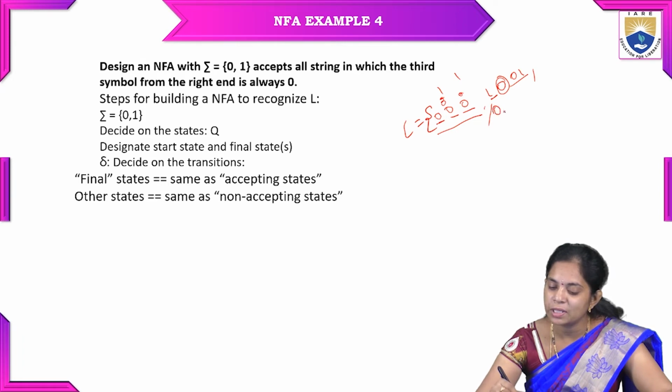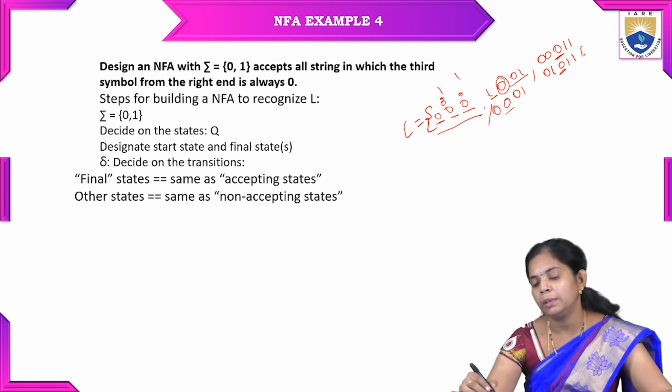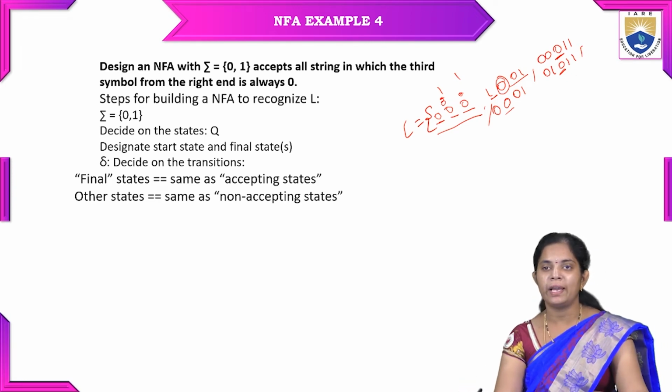We are replacing it with 0, and the third symbol from the right end must be 0. Like that, 0 0 0 is the minimum main condition, and we can add like this. Third symbol from the right end is 0. Like that, we can form multiple strings with this combination of language.